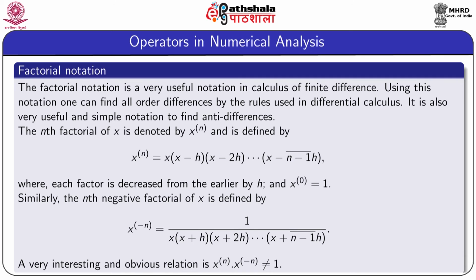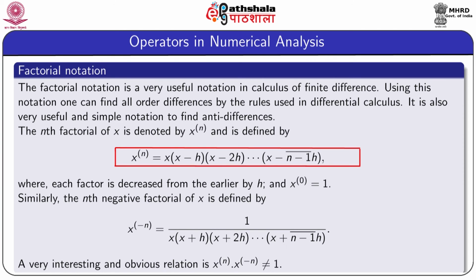Now, we come to the factorial power notation, which we mentioned just a few minutes back. The nth factorial power of x is denoted by x power bracket n and is defined by x factorial n equal to x into (x minus h) into (x minus 2h) up to (x minus (n minus 1)h).